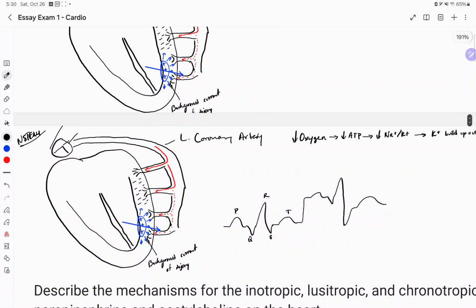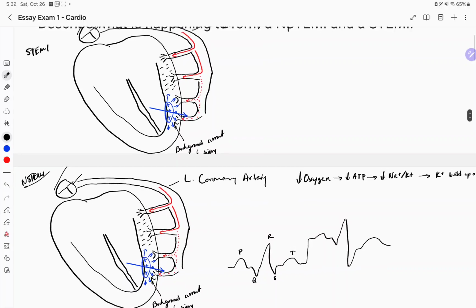I think maybe I drew that backwards. Let me think. Well, I guess if you have, wait, hold on. I need to think for a moment.